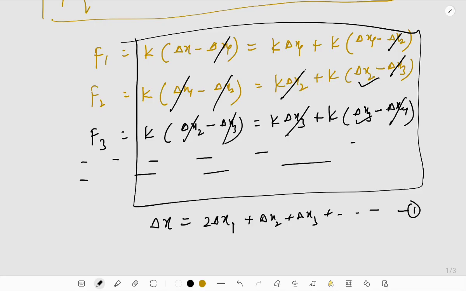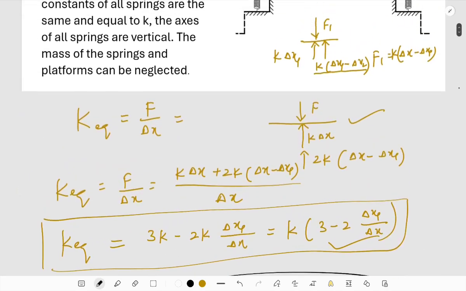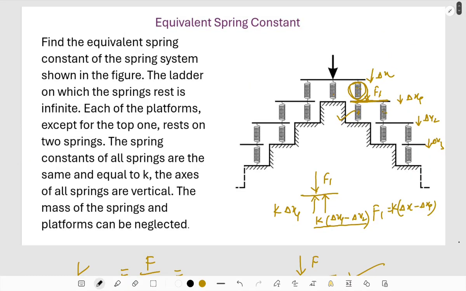You can also see one thing. The spring constant of every spring is the same. Since this spring is compressed by an amount delta x1, its spring constant can be written as F1 by delta x1.